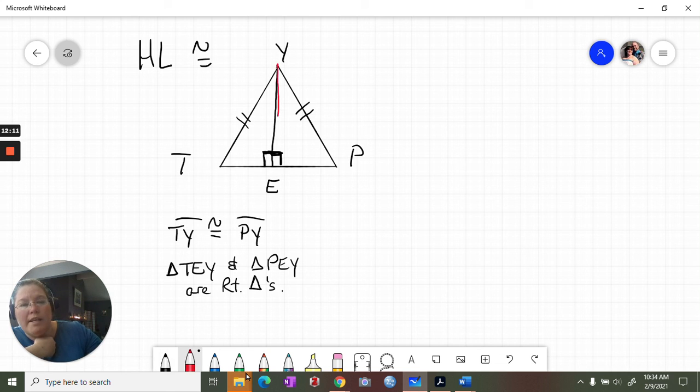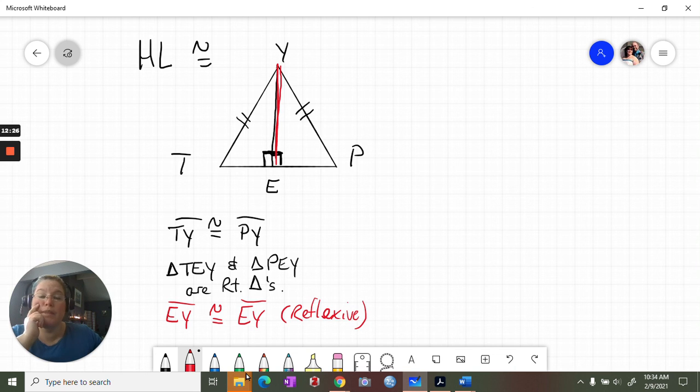Well, you may see that we have a shared side. So I can say EY is congruent to itself by the reflexive property or shared side. Okay, so now this gives me the one and only case where angle side side works.